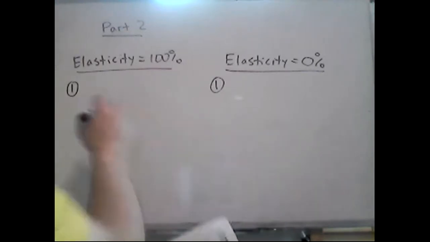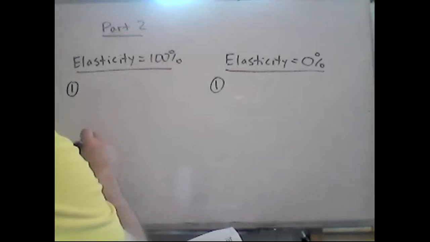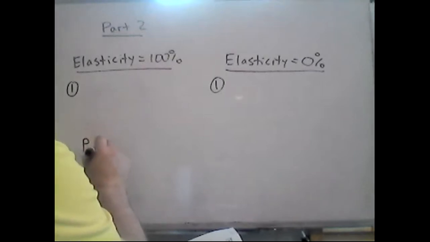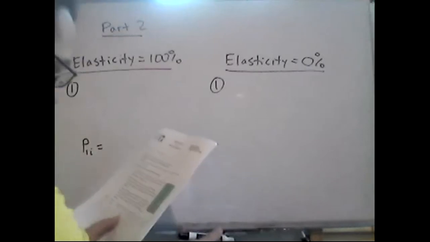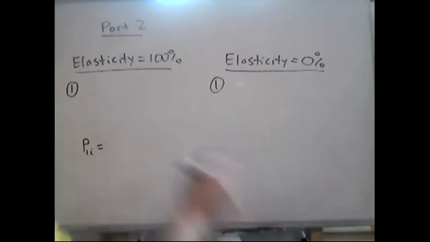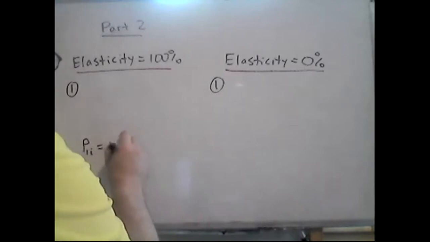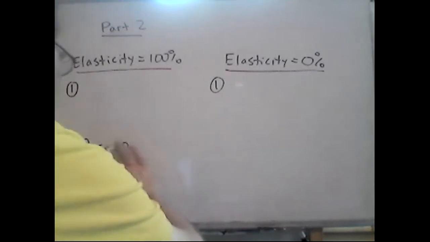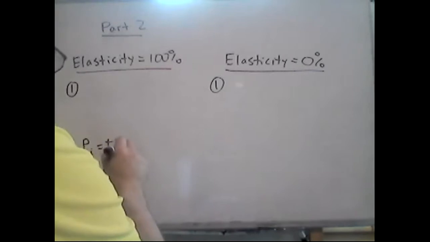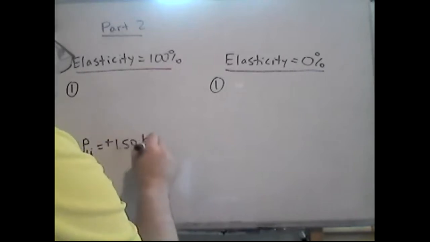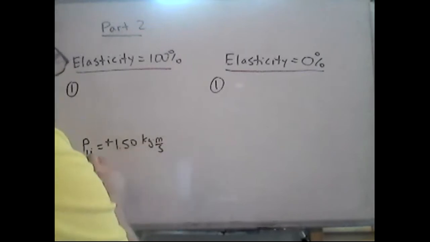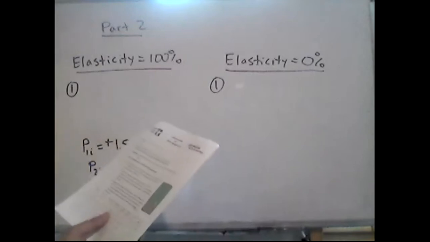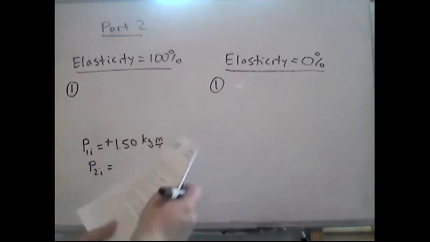Before the collision, I had P1I, and that was positive 1.5 kilograms meters per second. And P2I was positive 0.75.